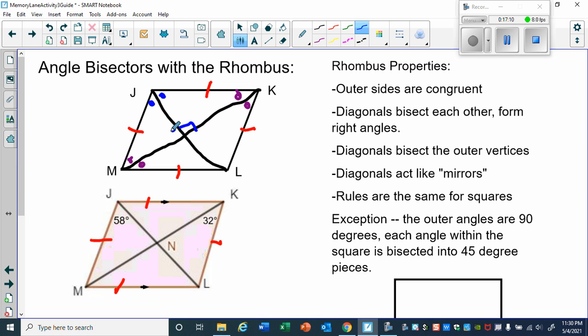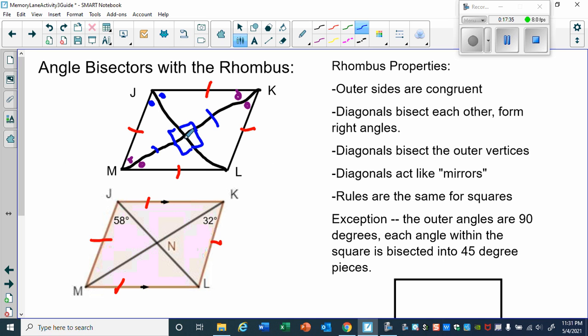You have a right angle here, here, here. So they bisect each other, form right angles, but now remember the diagonals are not congruent. So that is something to worry about.